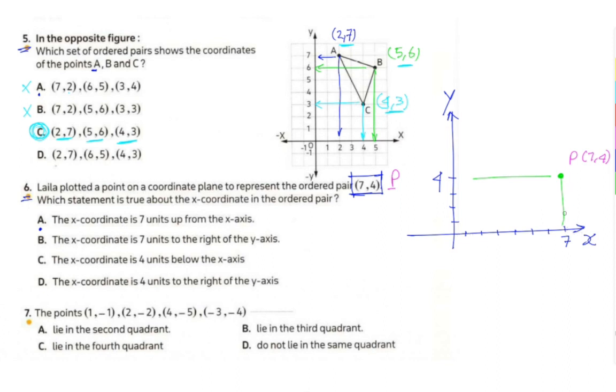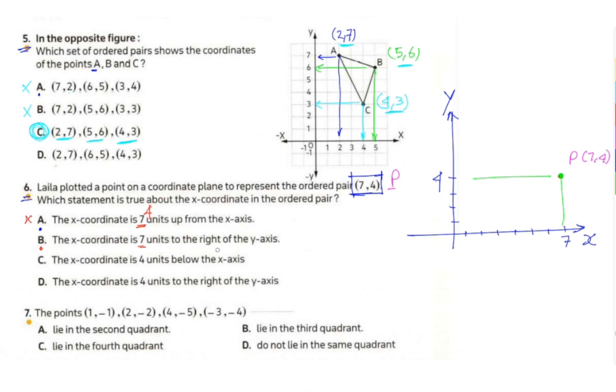I moved up how many units? 4 units: 1, 2, 3, 4. So I moved just 4 units, not 7 units. I moved 7 units in the x direction from the y-axis. So that's false.